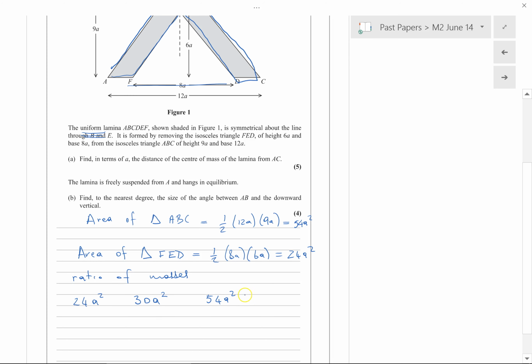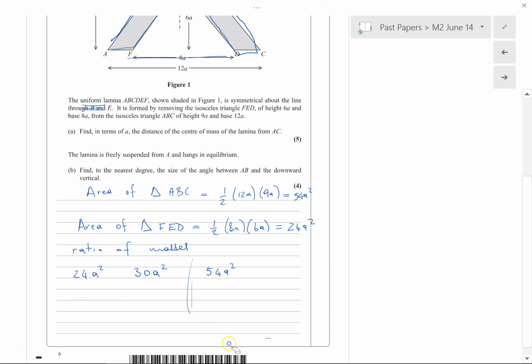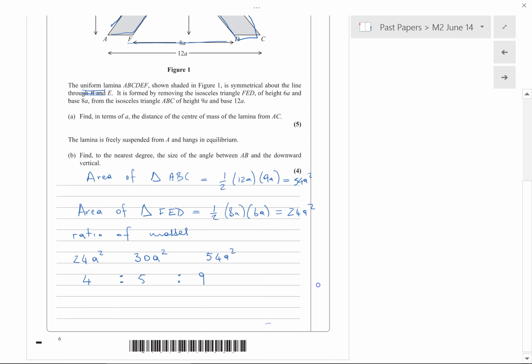I always tend to regard this one as the combined mass at the end here and avoid negatives in my equation because it just seems to make more sense. I'm going to break down the ratio, but that's enough to get the method marks really. But obviously the a squared is going to cancel, so I can divide all that by 6 and I get 4, 5 and 9 as my ratios.